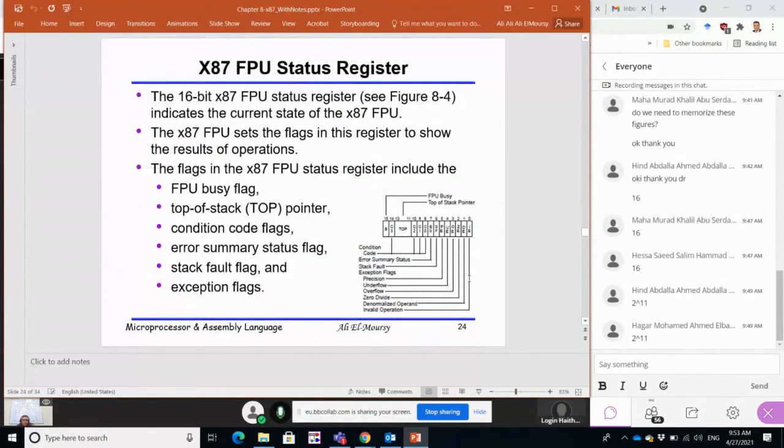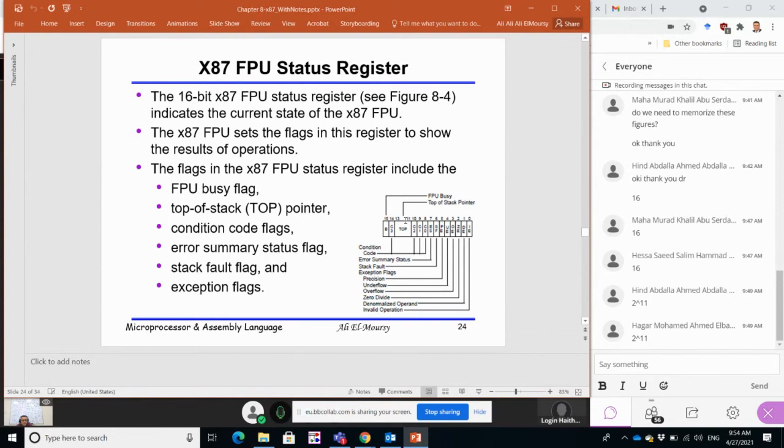I'm just showing you here. The status register is carrying a group of bits. They call them the TOP. These bits are pointing to the current location of the stack register. How many bits for the top?